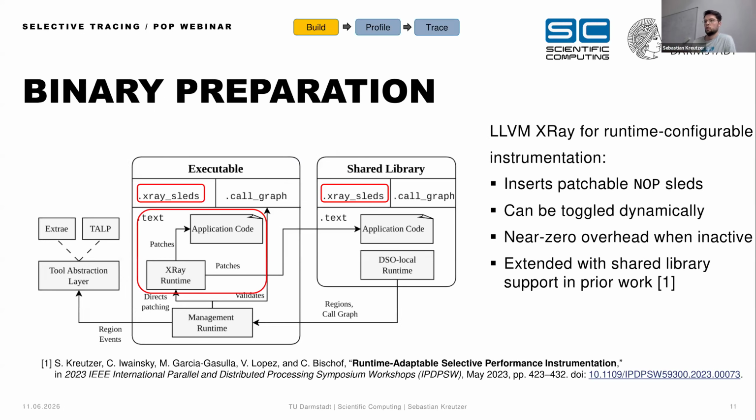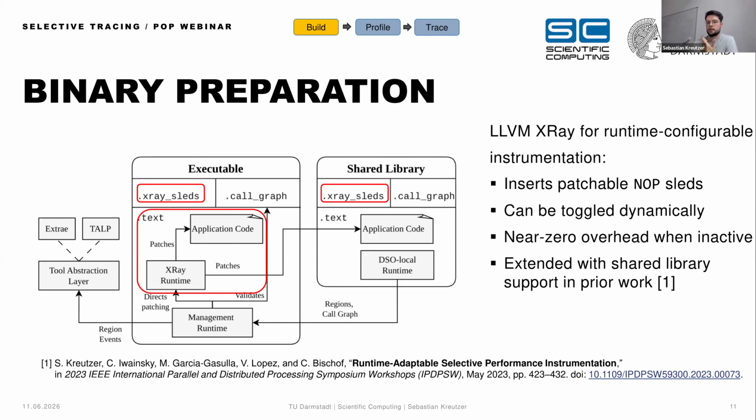So first looking into the aspect of LLVM X-ray. X-ray is a feature of the LLVM compiler that enables runtime configurable instrumentation. How it works is it inserts patchable so-called NOP sleds. These are just placeholder instructions at possible instrumentation points. And these are off by default, so do nothing, but can be toggled dynamically.